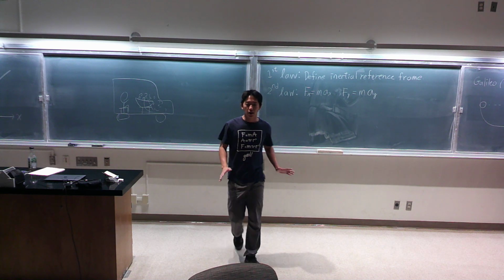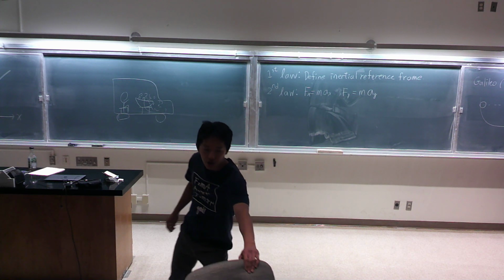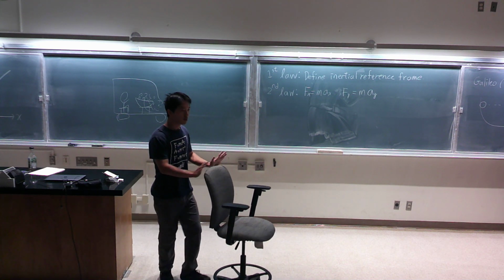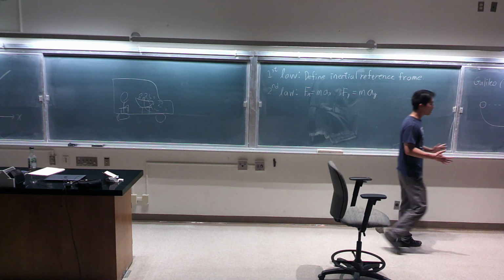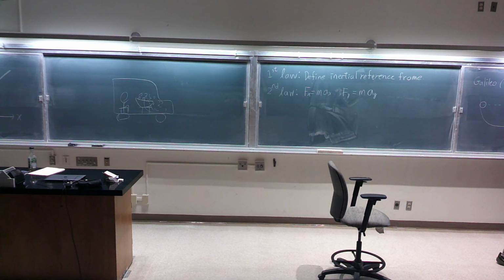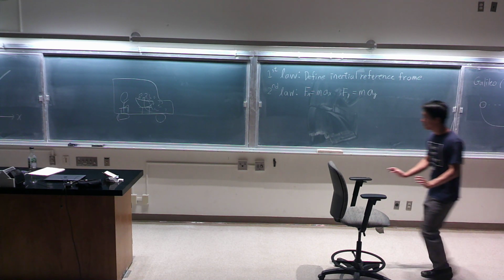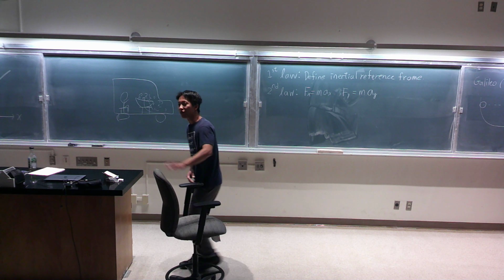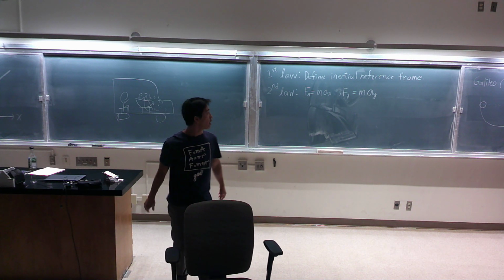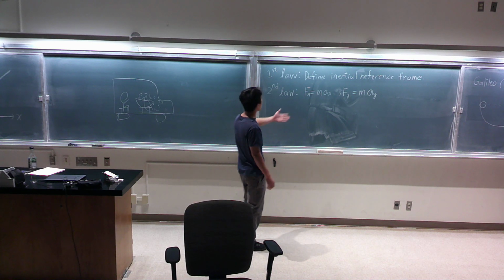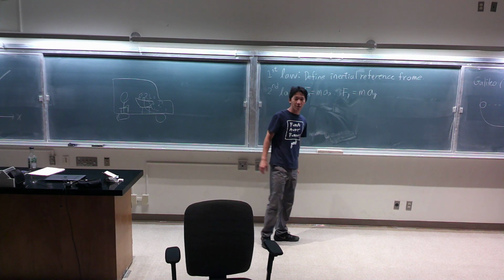If you apply a force on this chair, and you try to apply the same force on this big table, all right. Yeah, this one is easier to move, and you see the result is different. That's why we know the mass of the object is involved.